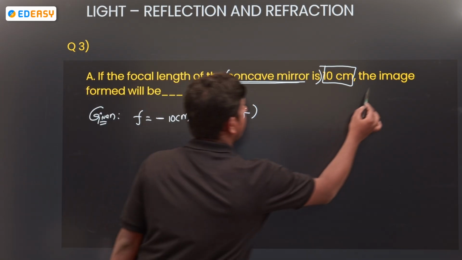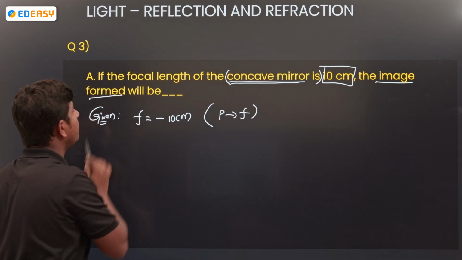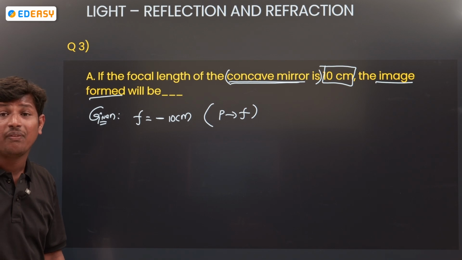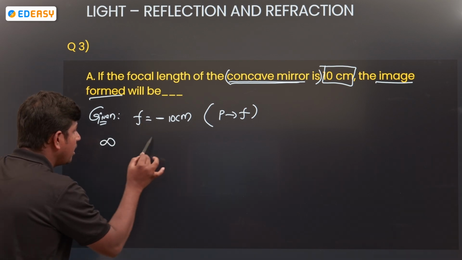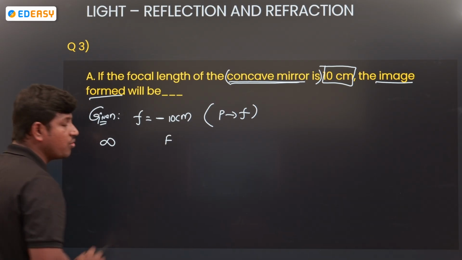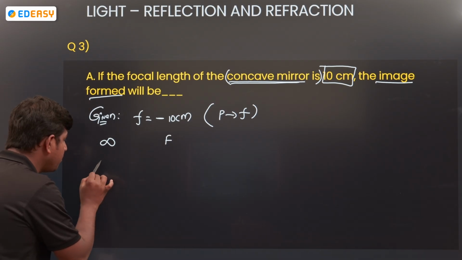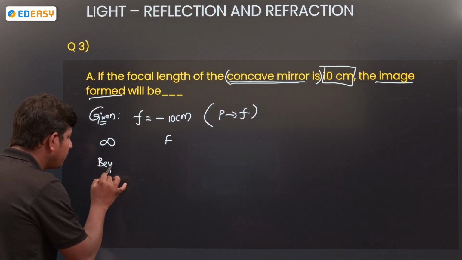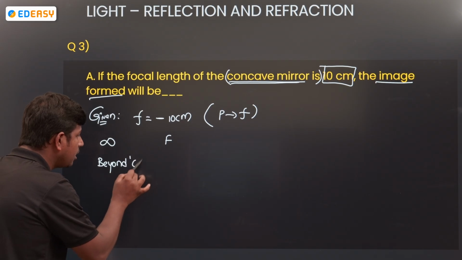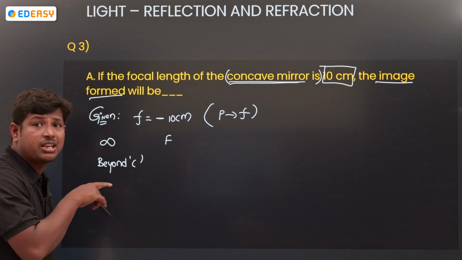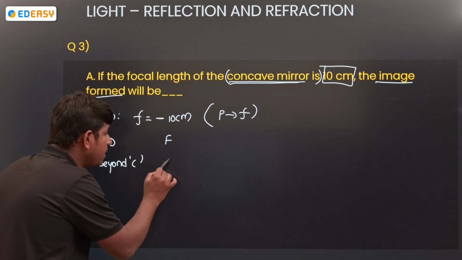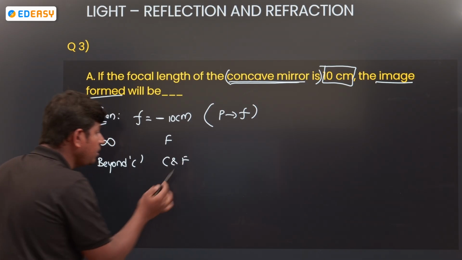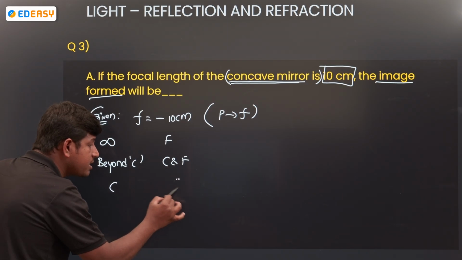Now, where will the image formed be? We have many cases. If the object is at infinity, the image is at focus. If the object is beyond C, the image is between C and F. If the object is at C, the image is at C only.